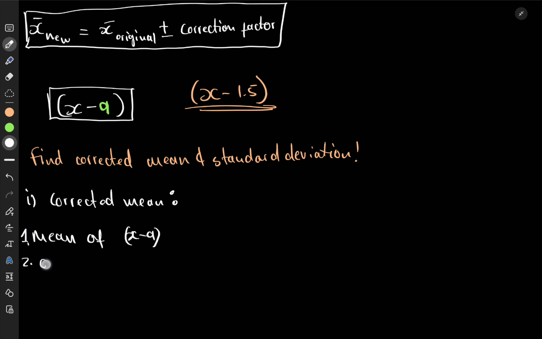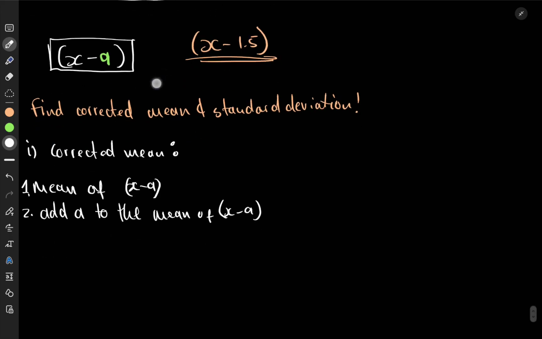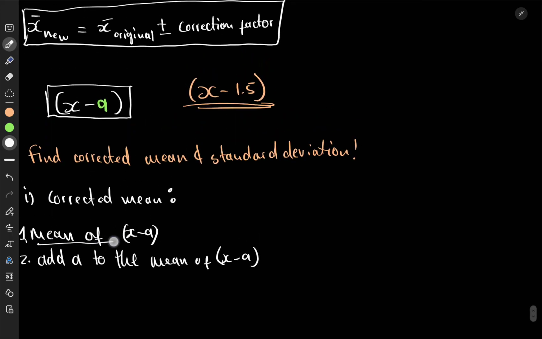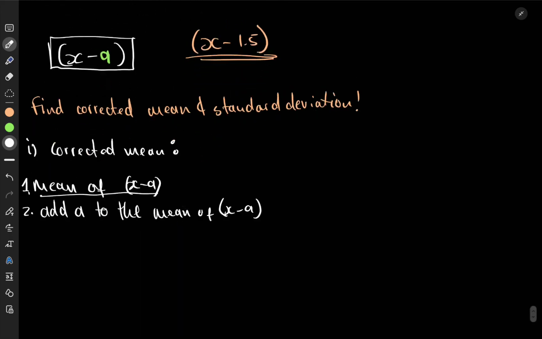Then step number two, add a to the mean of x minus a. Then you'll have your new mean, because the new mean is just the original mean, which is the mean of x minus a, plus your correction factor. So you add a, because a is the correction factor. Then you'll be done.